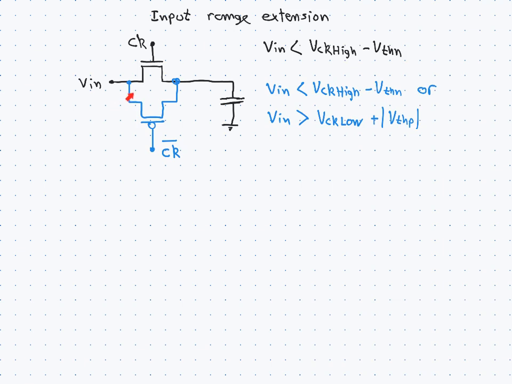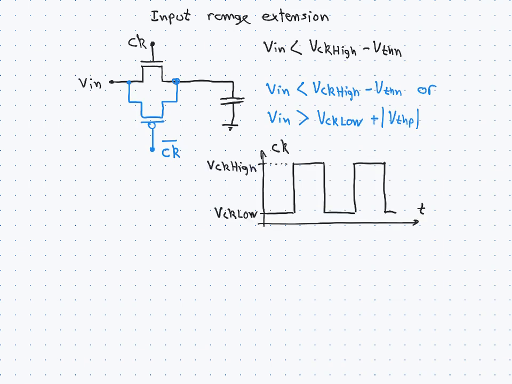So the P transistor will conduct input voltages when the input voltages are quite high, and the N transistor will conduct voltages when the input voltage is quite low. You can also use just a single PMOS transistor in case you have only high voltages on the input. So the clock high and clock low voltages are the voltages between which the clock signals swing.